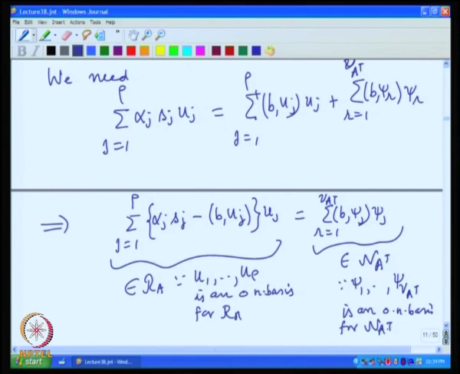Now, the left hand side is a vector in the range of A and the right hand side is a vector in the null space of A transpose. But the range of A and the null space of A transpose are orthogonal to each other, and therefore the only vector common to them is the 0 vector, and hence both sides must be 0. We have this range of A perpendicular to the null space of A transpose, so the vector which is common to both of them must only be the 0 vector, because the only vector common to orthogonal complements is the 0 vector.